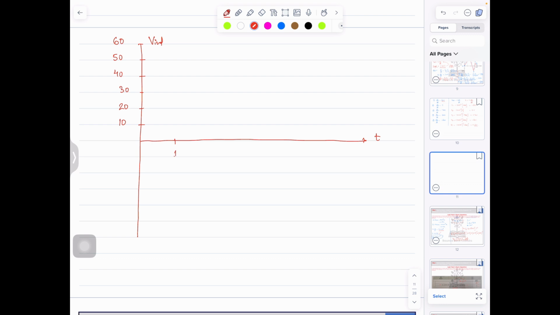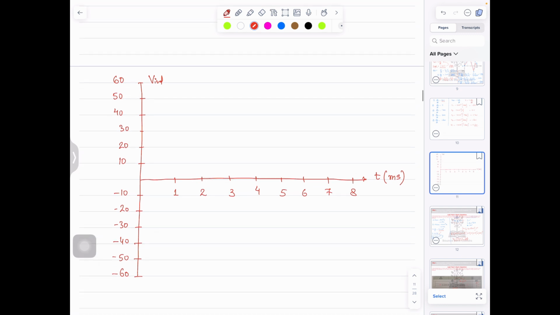So 1 second, 2 second, 3, 4, 5, 6, 7, 8, because time is given in milliseconds. So it should be negative 10, negative 20, negative 30, negative 40, negative 50 and negative 60, because we have the value still 60.